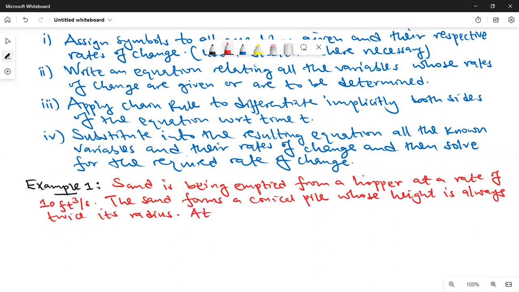At what rate is the radius of the pile increasing when its height is 5 feet?